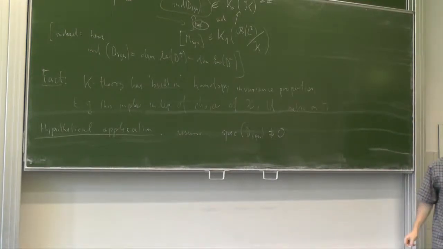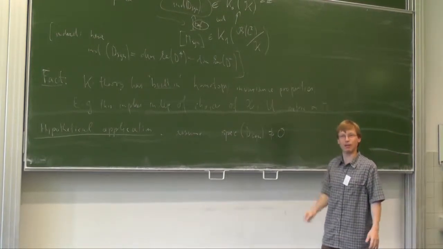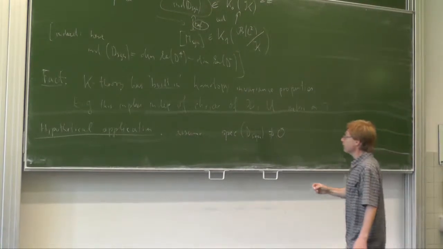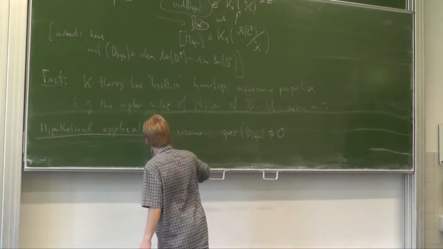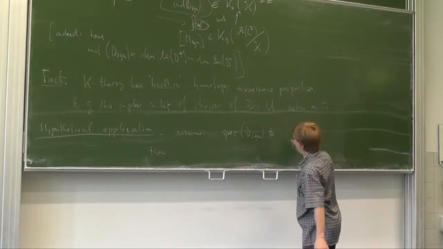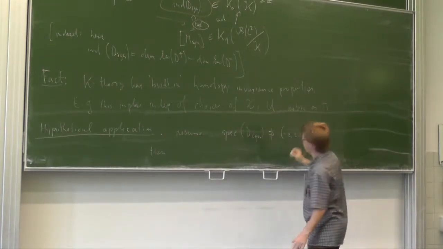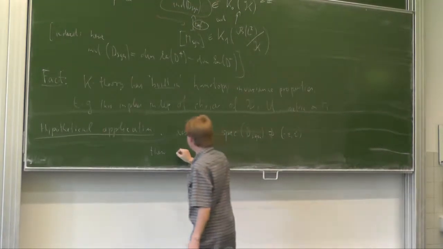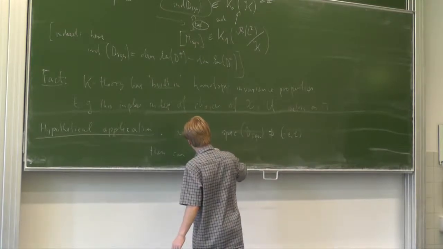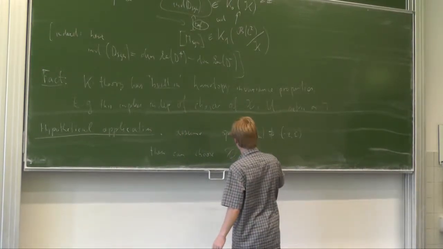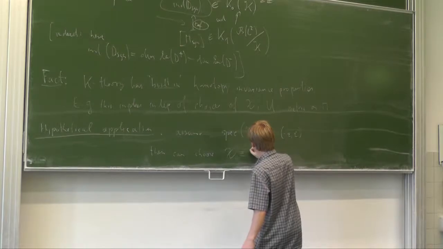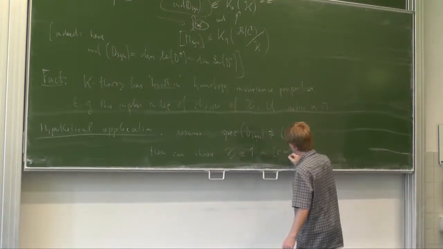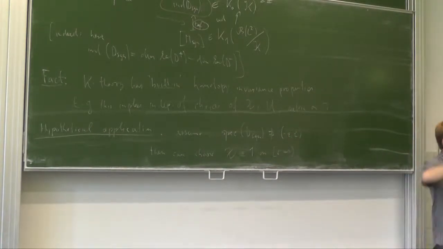That's never happening on a compact manifold, so that's why it's hypothetical. But let's assume it would happen. Then it actually doesn't contain a whole interval around zero, because the spectrum is a closed set. And we can choose chi identical to 1 on epsilon to infinity and identical to -1 on the other side.